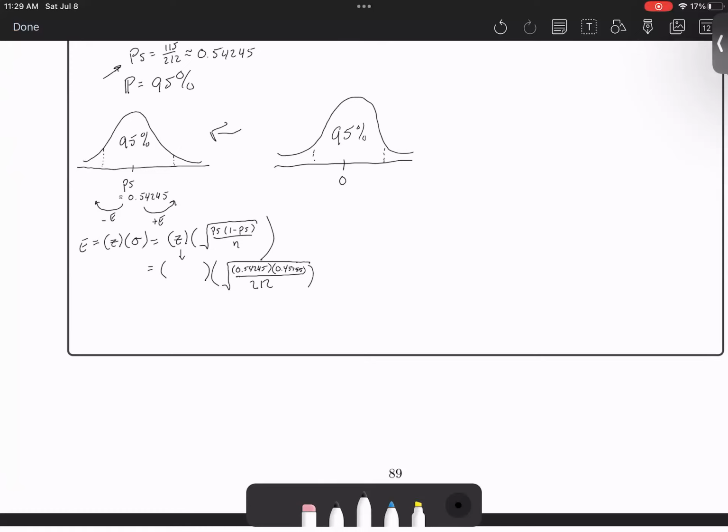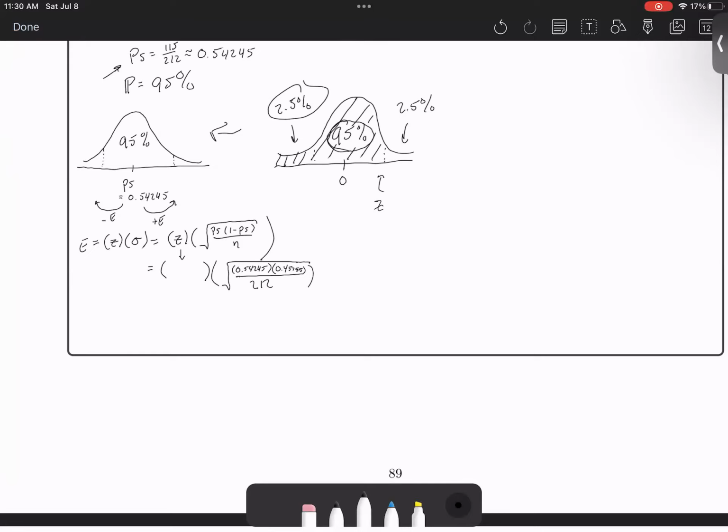So by symmetry, that means I have 2.5% in that tail and I have 2.5% in that tail. So this z value right there has a total of 97.5% to the left of it. So what's the z value that has 97.5% of the probability to the left?